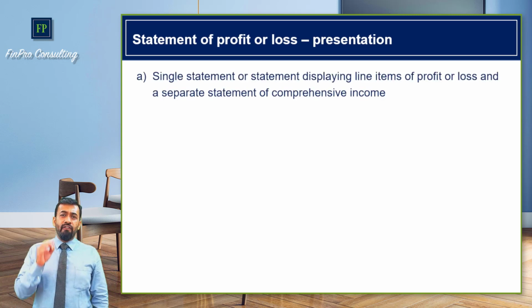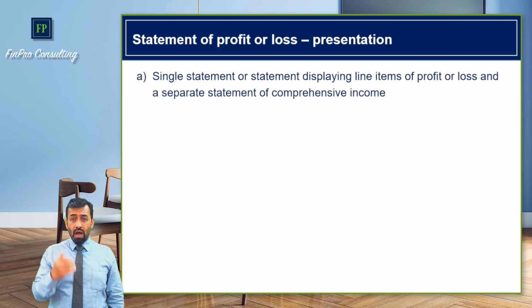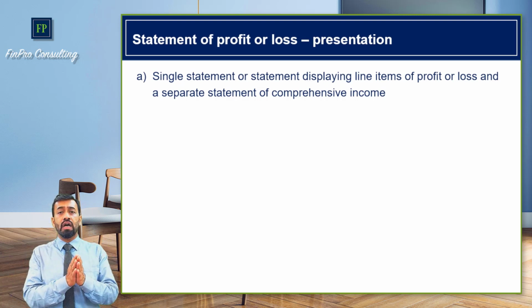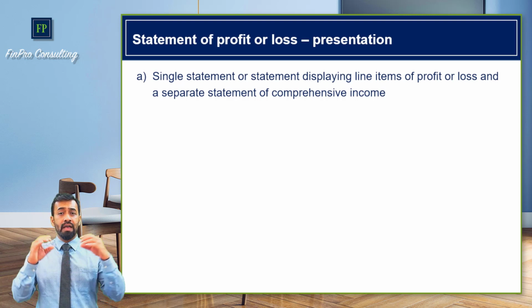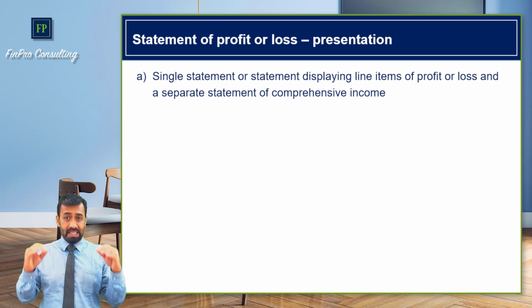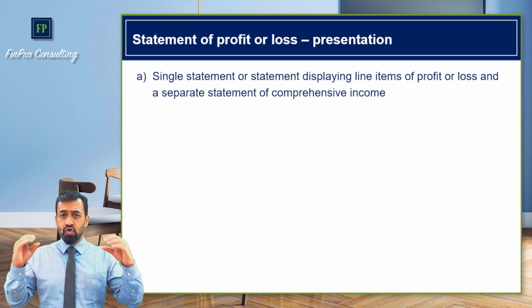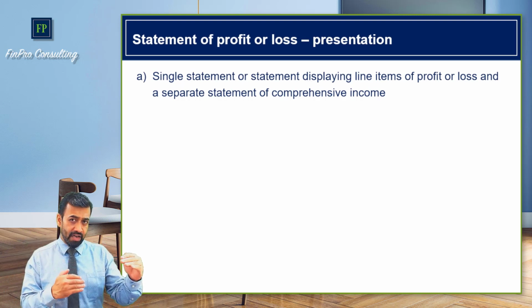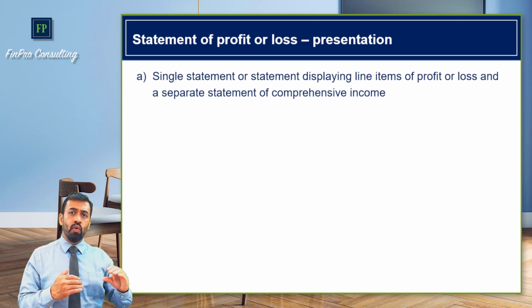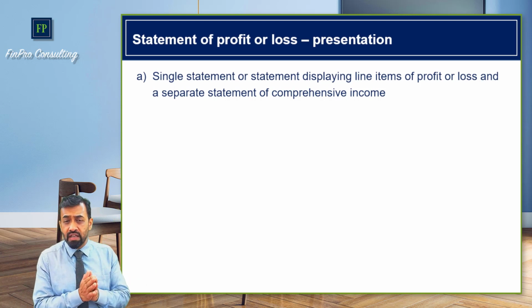Number one, IAS 1, presentation of financial statements, says that the statement of profit and loss account and other comprehensive income are actually two different statements. An entity can choose to present the items of both statements under one single statement. So first the items of P&L and subsequently the items of other comprehensive income will be presented.